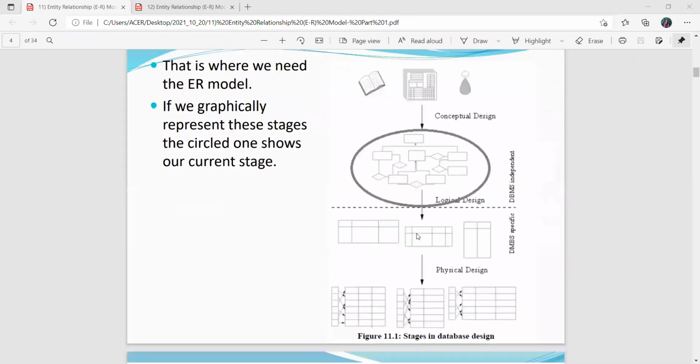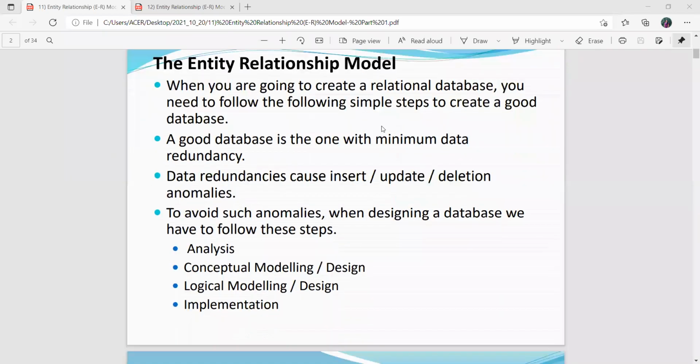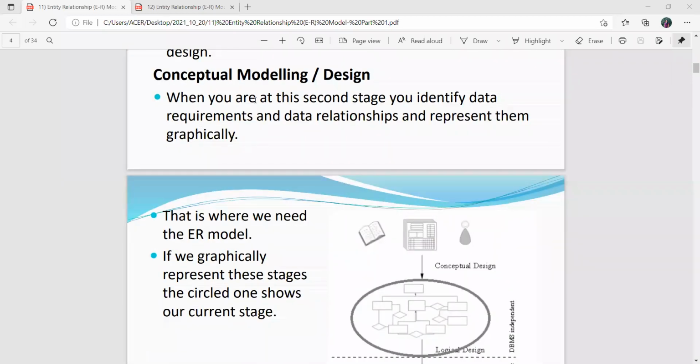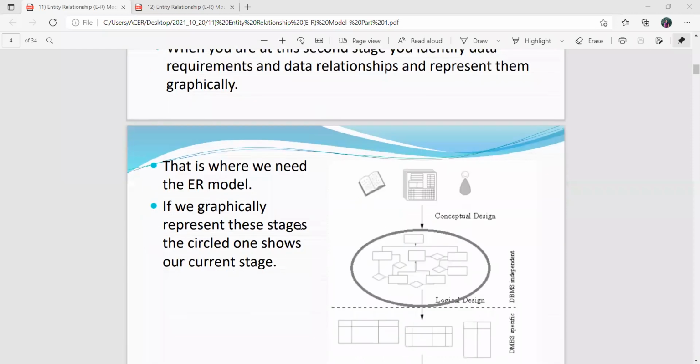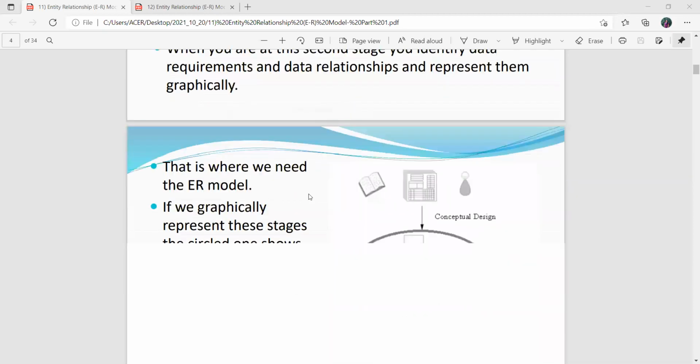Okay, last week we discussed the basic things about this entity relationship model. Under conceptual designing, we discussed the ER diagram. The ER diagram is used to model the database in conceptual modeling.